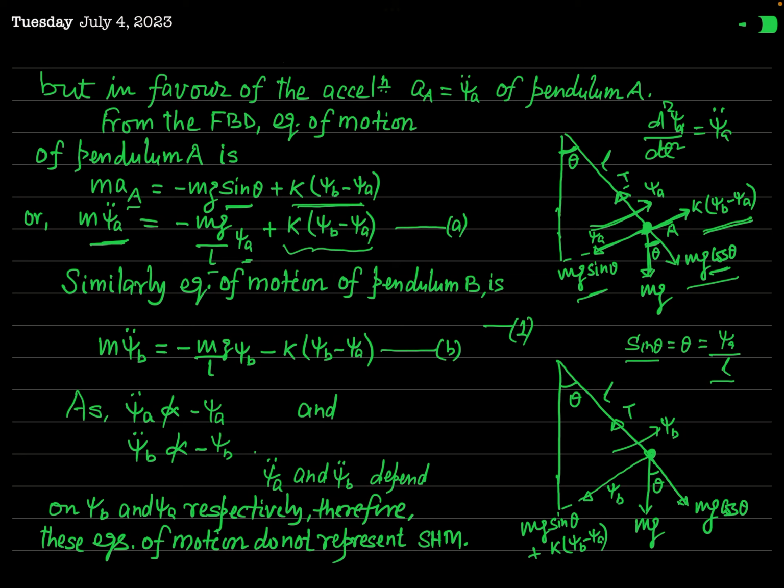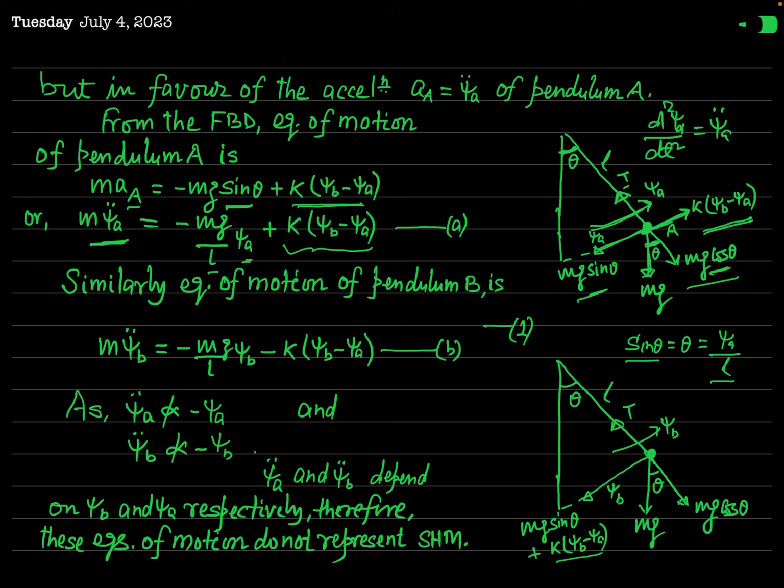Okay. This is the equation of motion of bob A. In a similar manner, you can write the equation of motion of the second pendulum. But in this case, as you have seen, this spring force k times (psi b minus psi a) opposes the acceleration of the bob.